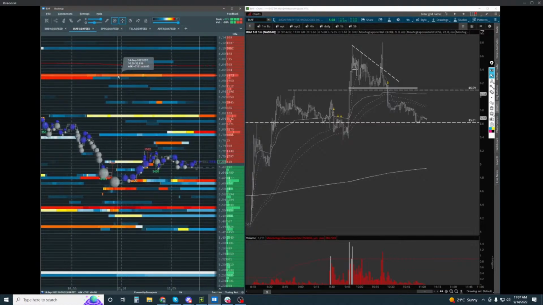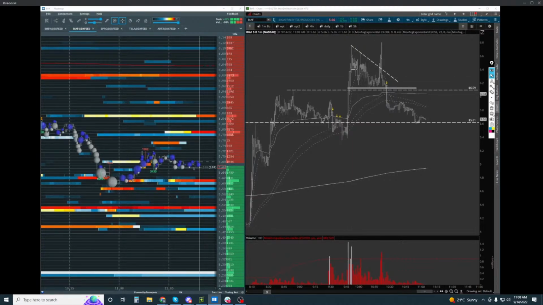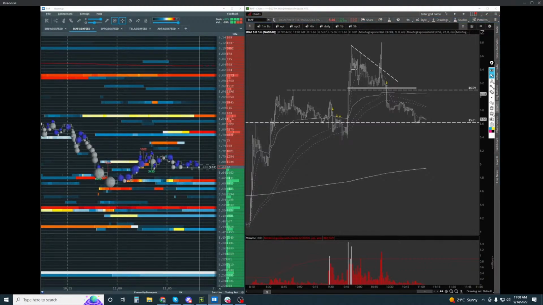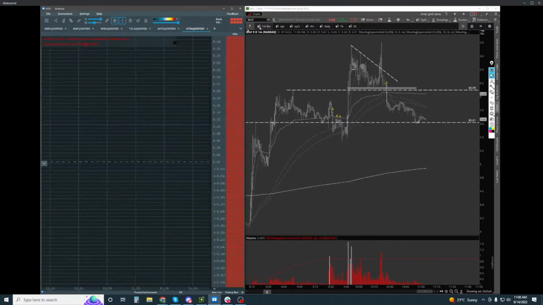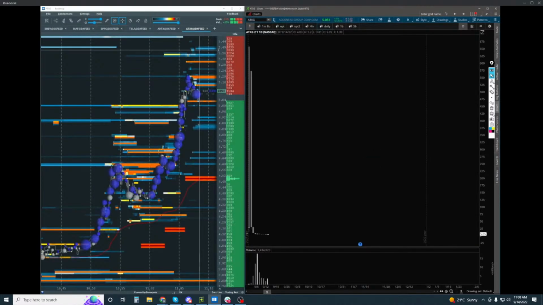Tesla going to the highs again. So we have a runner in this case, ATXG, another recent IPO.